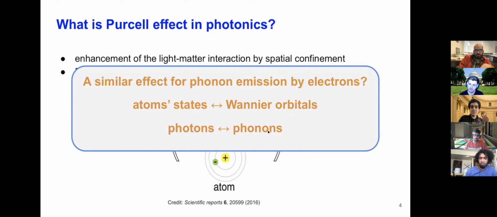In terms of the density of states, the localization of electron states here will give us a higher density of states in space, and therefore maybe higher interaction or coupling between electrons and phonons. Therefore, it seems possible to get an enhancement if we have more compact Wannier orbitals. It was an interesting enough prediction for us to pursue.